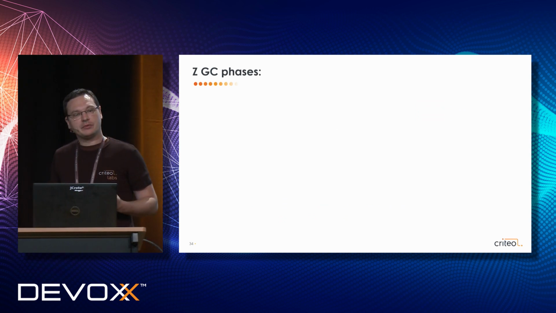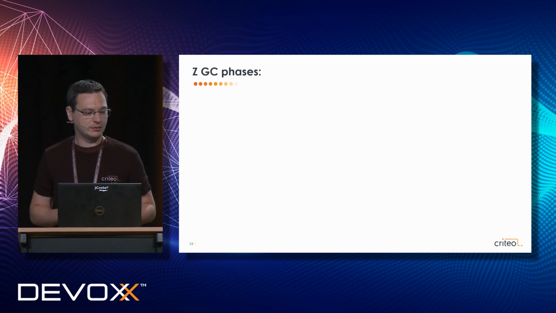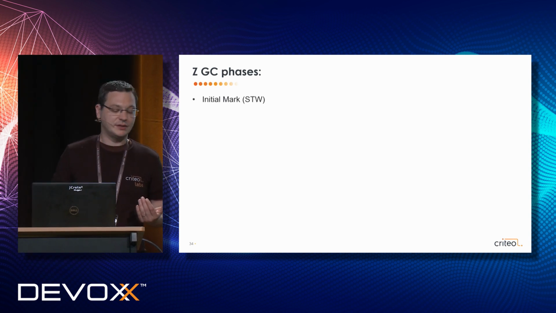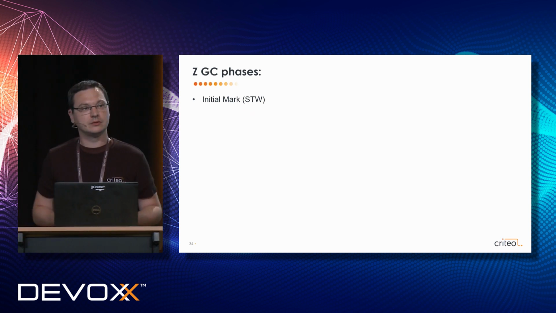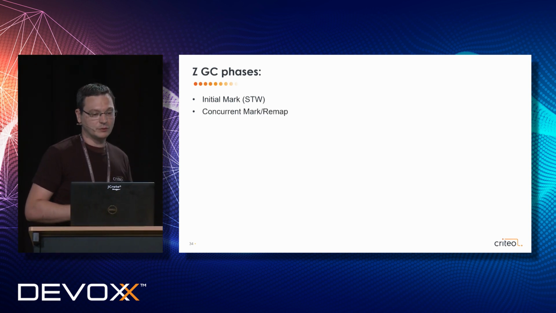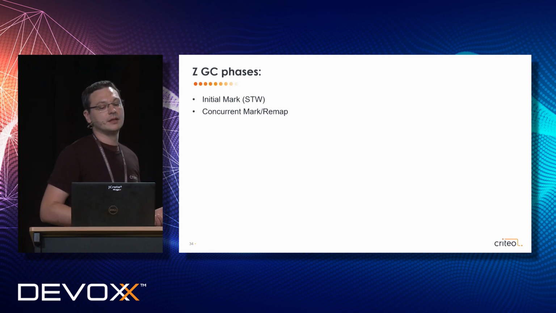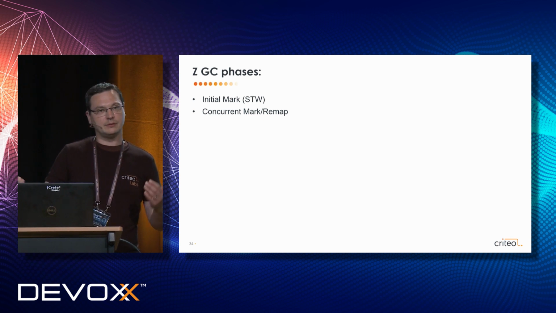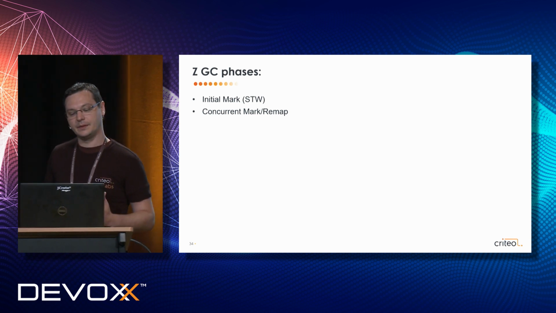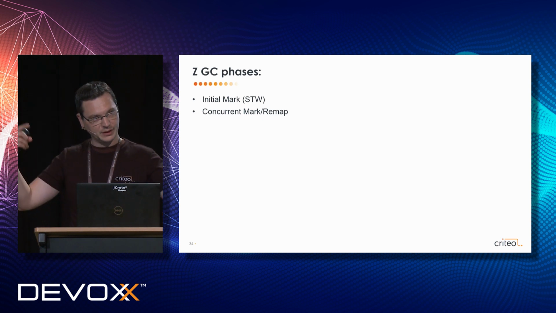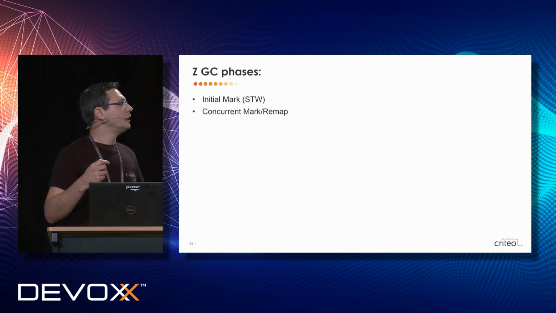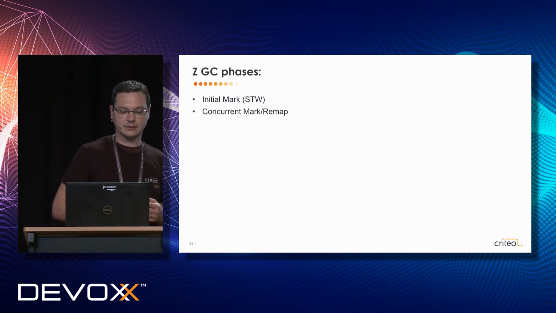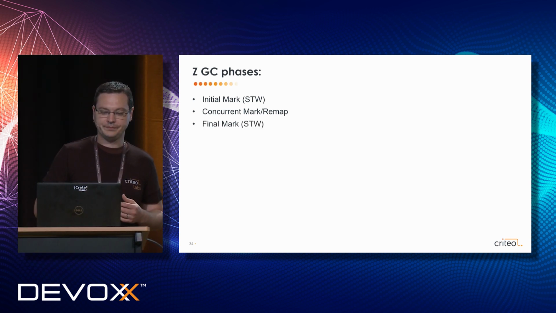There are a couple of differences that we'll see. So the phases of ZGC: we have the initial mark, stop-the-world, for the GC roots. Then the concurrent mark, again classic, and the remap, again folded into the concurrent marking. So the update of the references is done with the marking of the next GC cycle, like for C4.